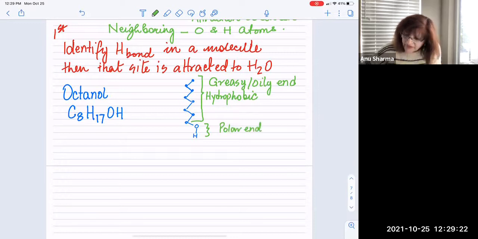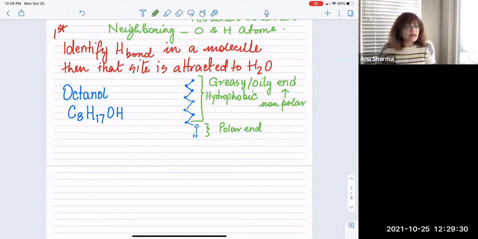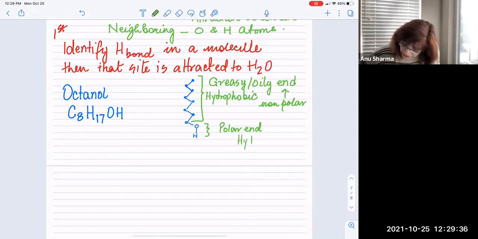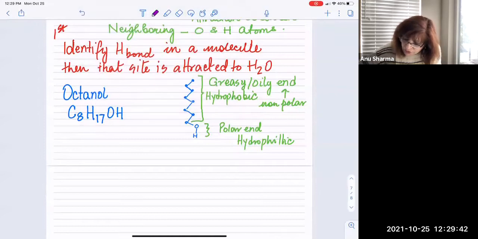The greasy, oily end is the non-polar end, but a polar end is hydrophilic. And when we say it's hydrophilic, what does this mean? That means it is attracted to water.